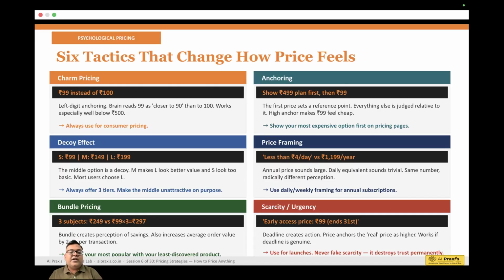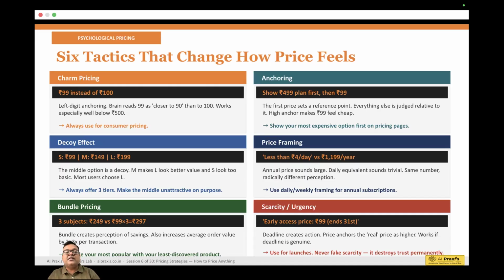The next one is the decoy effect. Very common. You go to any of the coffee shops, the Starbucks of the world, and you'll find 3 prices: small, medium, and large, all written very close to each other. When you see small 99, medium 149, large 199, your mind will move towards the larger.